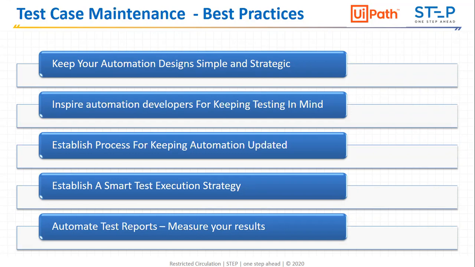For that reason, we need to measure our results. So these are the important points related to test case maintenance. And every time we need to think and strategize our automation design. It should be simple. The architecture or whatever framework you use should be very simple and easily understandable, so that it does not impact the maintenance of the test cases.